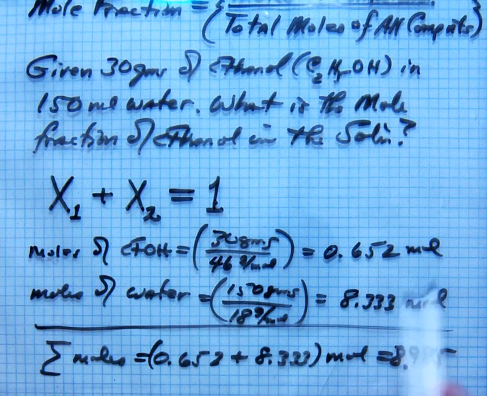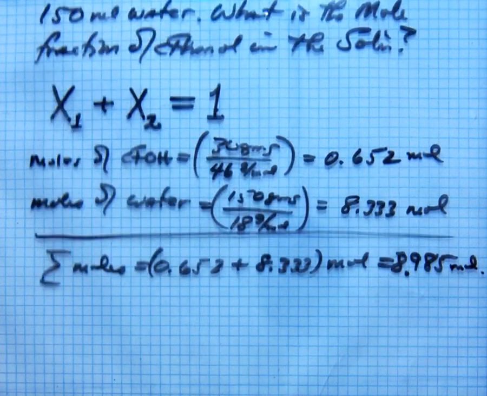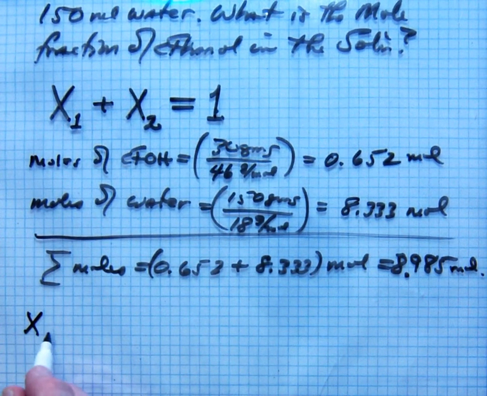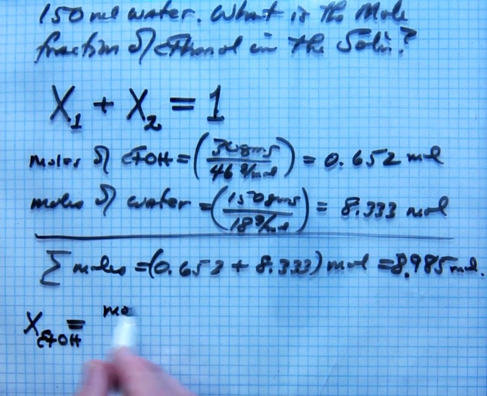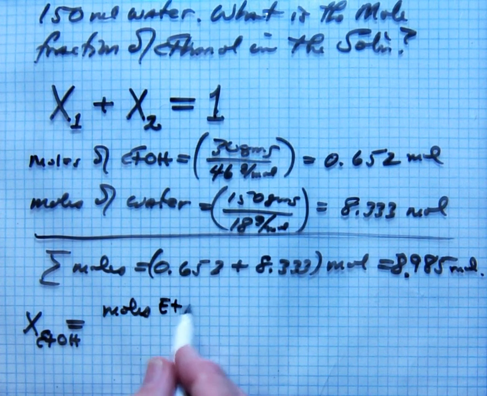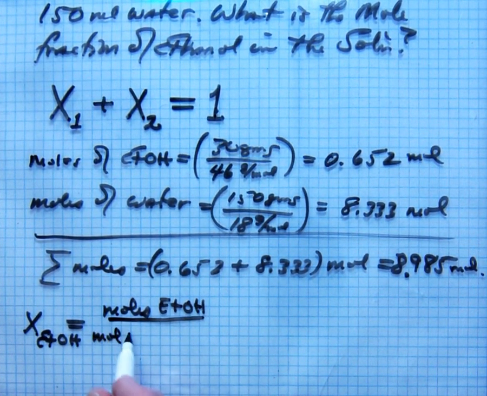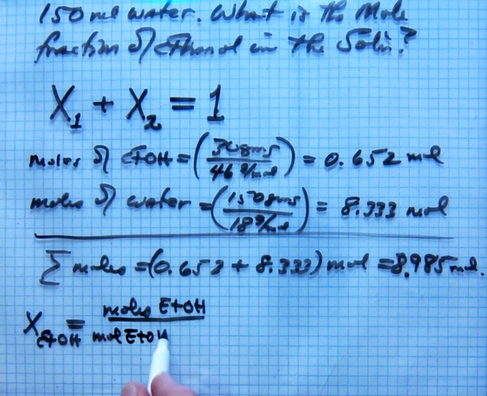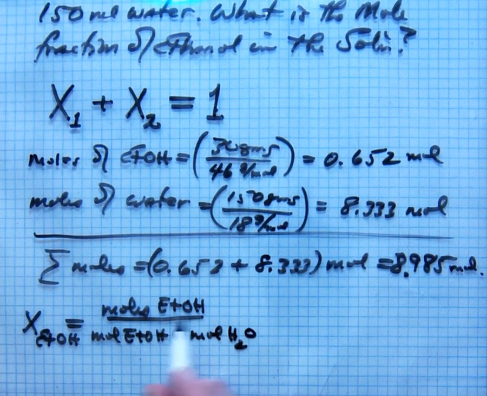8.985. And so it's again percentage, part over total. Well, here's your total moles down here. And so the mole fraction of ethanol is equal to moles ethanol divided by moles of ethanol plus moles of water.